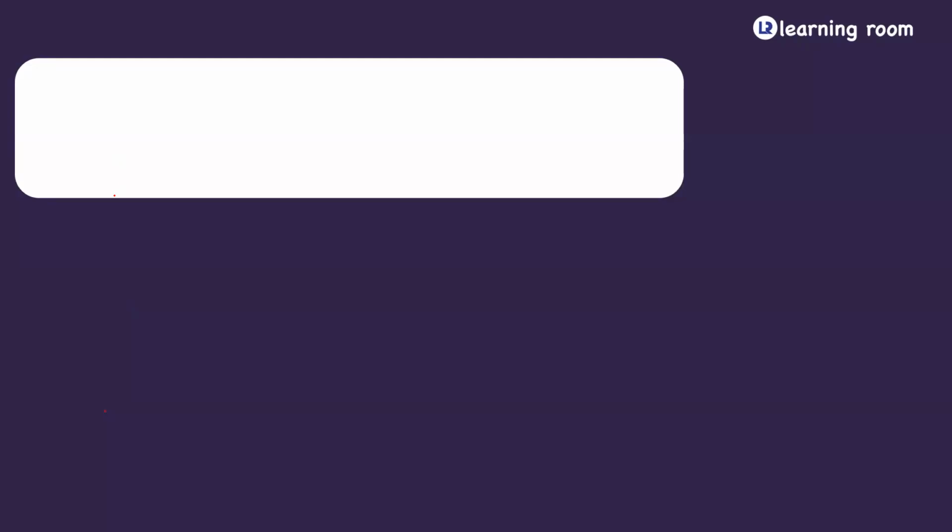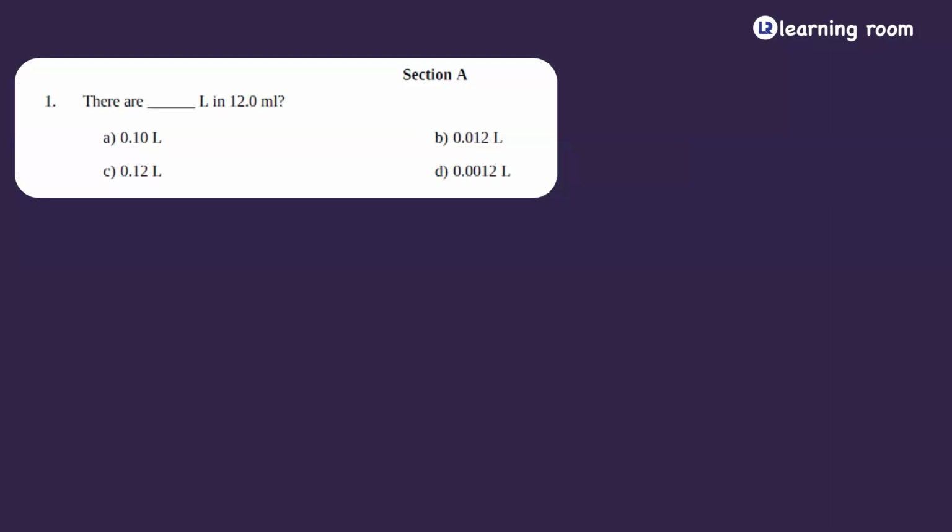Tell me, sir. 1 liter equals 1000 milliliter. 1 liter is equal to 1000 milliliter. Okay, but what have they asked? They have asked us to convert ml to liter. Yes or no? They have asked us to convert from what? ml to liter. 1 liter is 1000 ml.